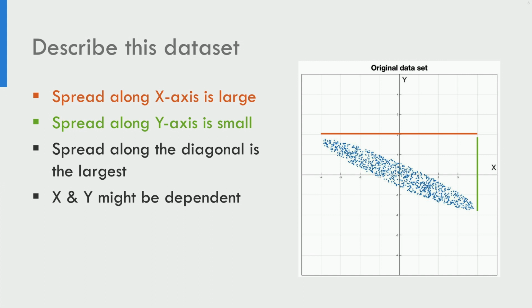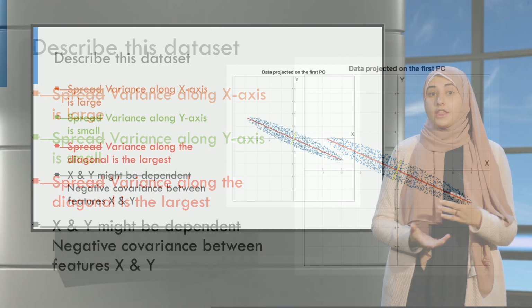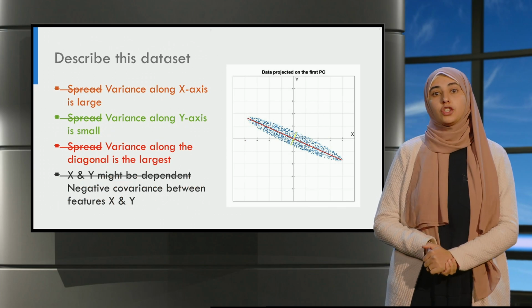It seems like an inversely proportional relation. When x increases, y seems to decrease. In more technical terms, variance along the x-axis is large, variance along the y-axis is smaller, variance along the diagonal direction is the largest. There is a negative covariance between features x and y.